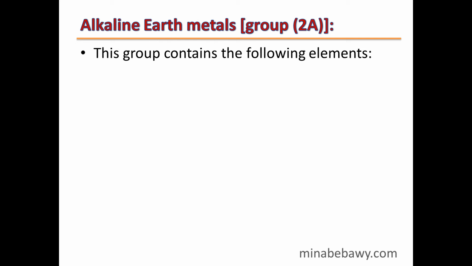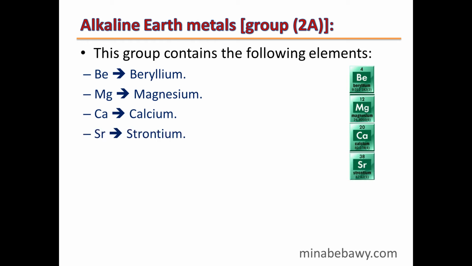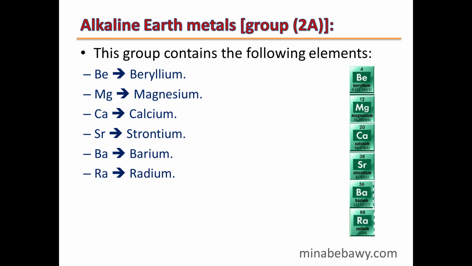This group contains the following elements: Be, beryllium, Mg, magnesium, Ca, calcium, Sr, strontium, Ba, barium, Ra, radium. And we won't talk about Ra or radium because it is radioactive or unstable.